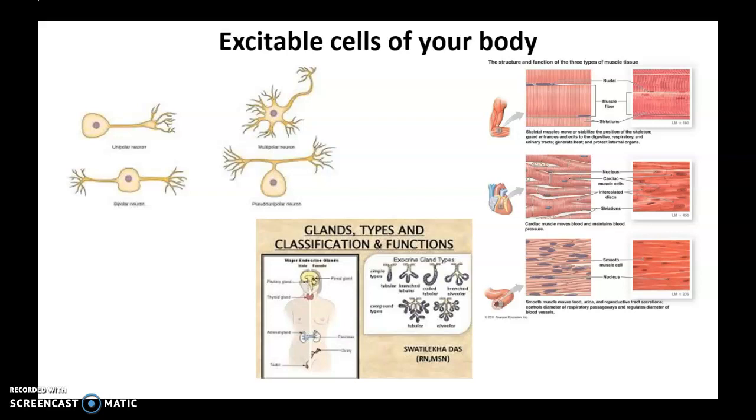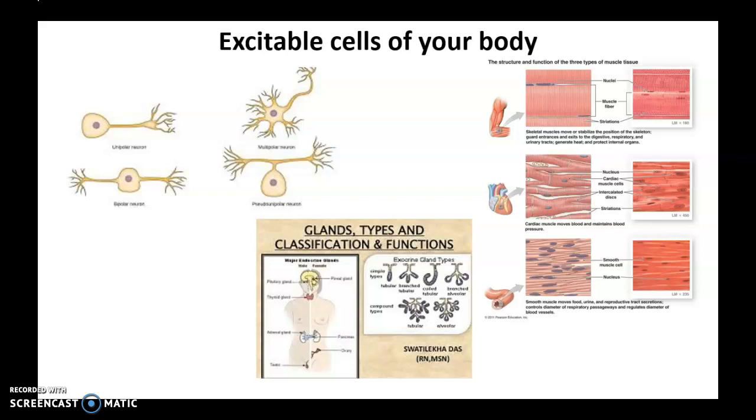Can all cells allow different ions to move across the membrane to change the polarity? The answer is no. There are only a few cells in your body that can be excited, meaning that can change their membrane potential.